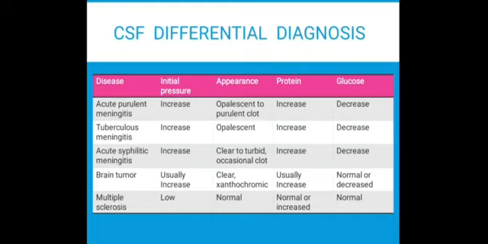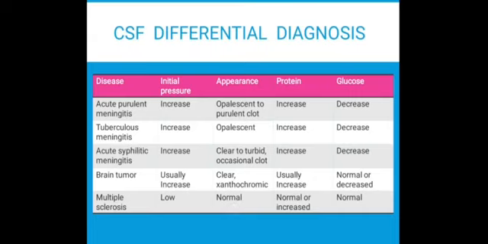In this chart of CSF differential diagnosis, we see an increase in initial pressure in all diseases as a result of increased intracranial pressure or caused by a tumor, except in multiple sclerosis where it is low. Appearance differs: opalescent in bacterial and tuberculous meningitis, and clear in acute syphilitic meningitis. Clear or xanthochromic in brain tumor, but normal appearance in multiple sclerosis.